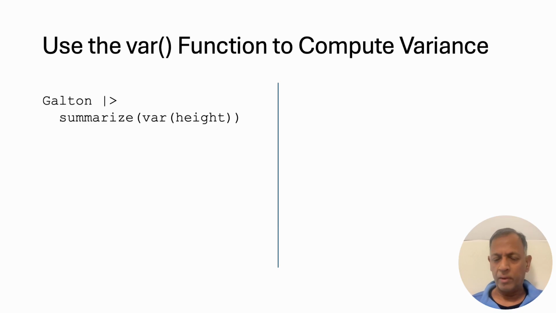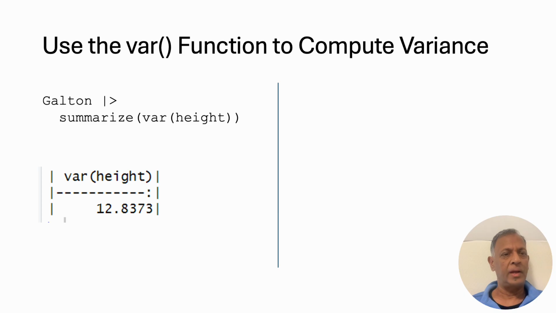So we say var height, and the outcome comes as 12.8373. That's the variance of the data in the column height. There are many rows in the data frame Galton, 800 I think.